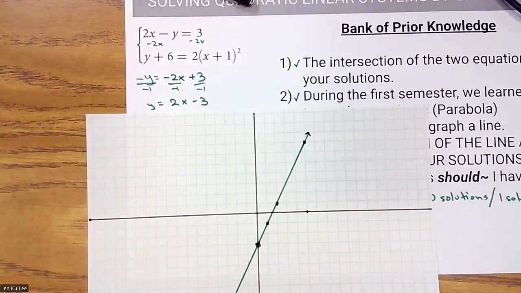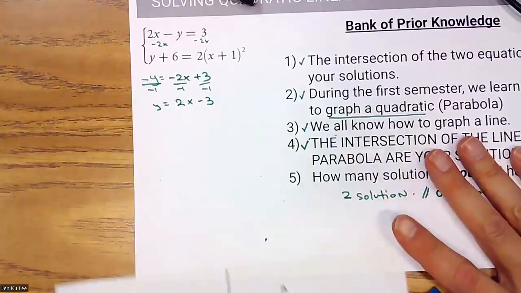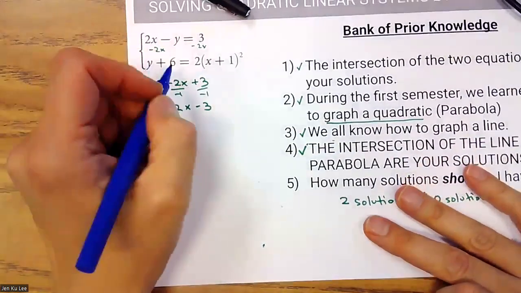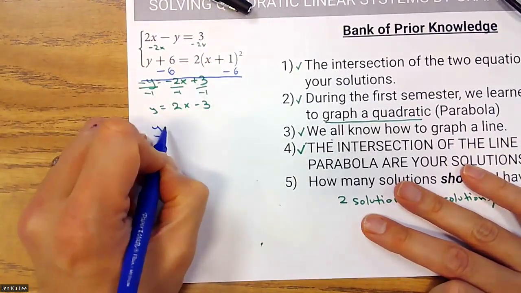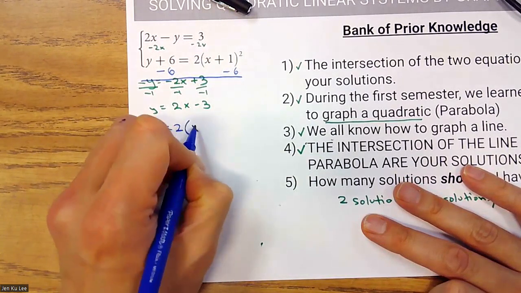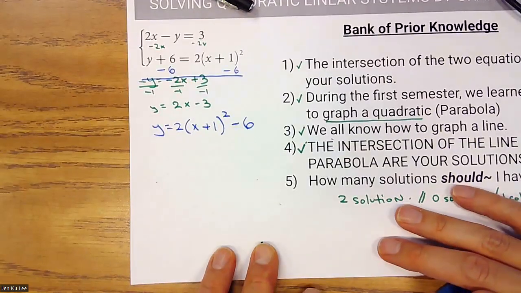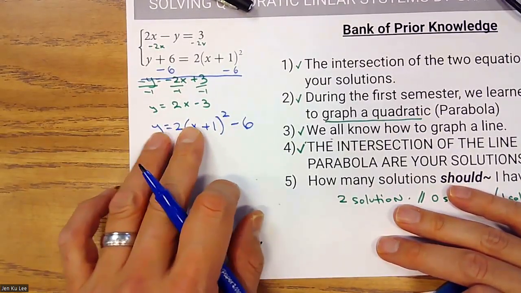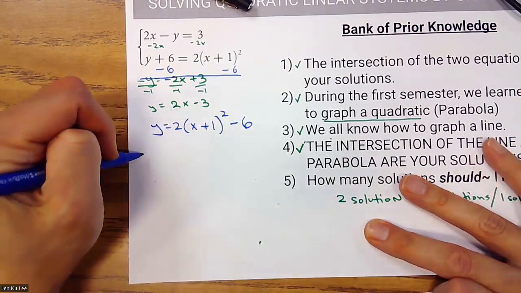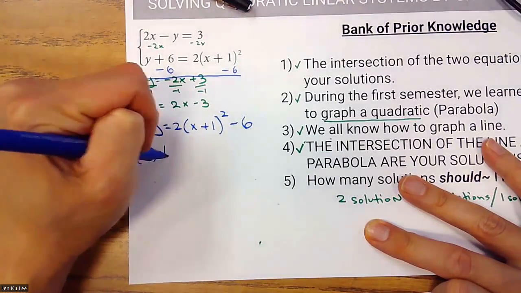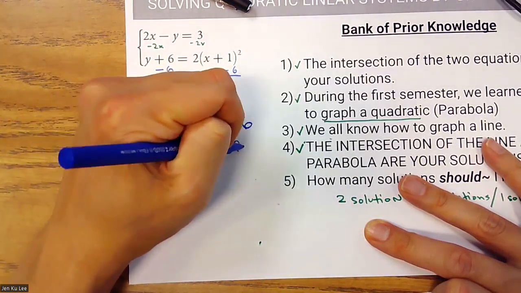And now if you look at the other one, that is a parabola, right? I am going to subtract 6 on both sides to make it y is equal to 2 times the quantity x plus 1 squared minus 6. You guys remember the transformations here? This 2 represents a vertical stretch by a factor of 2.